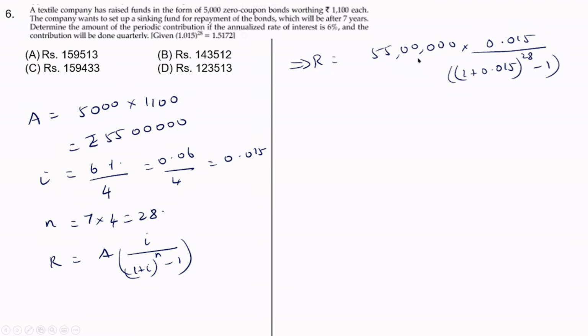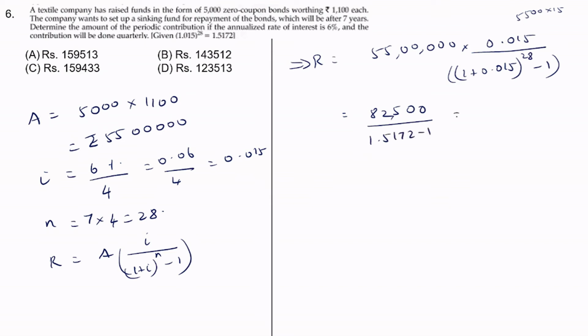We have 5,500 into 15. So 5,500 into 15, this is equal to 82,500 upon 1.015 the whole raised to 28. It is given as 1.5172.